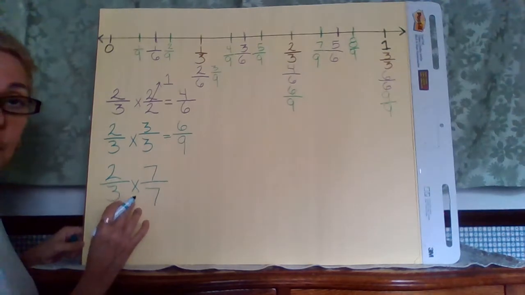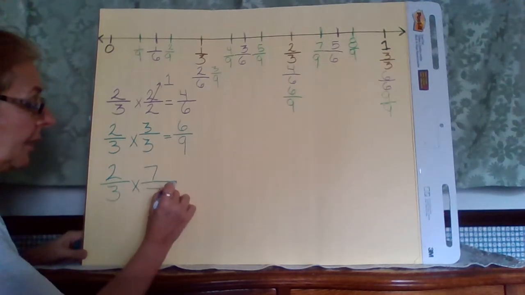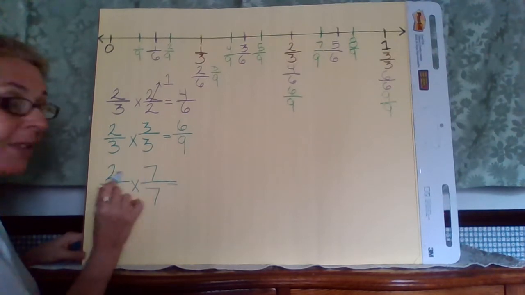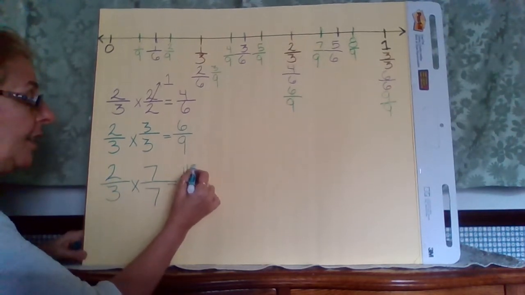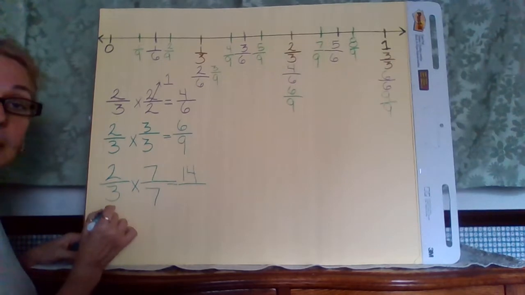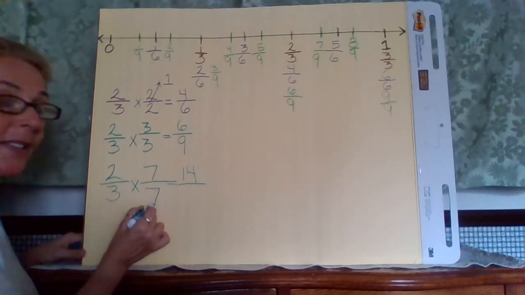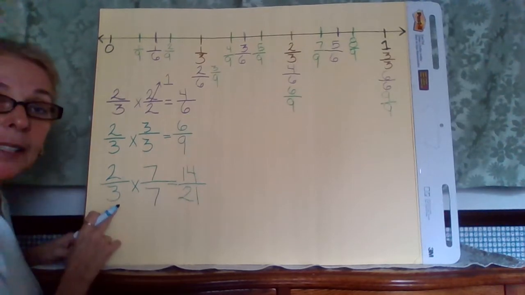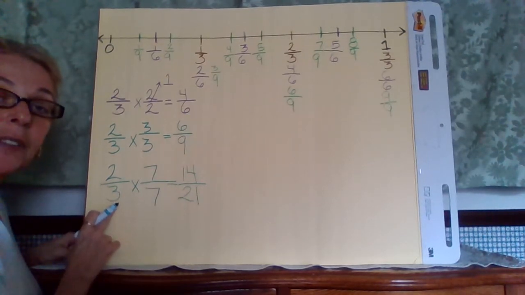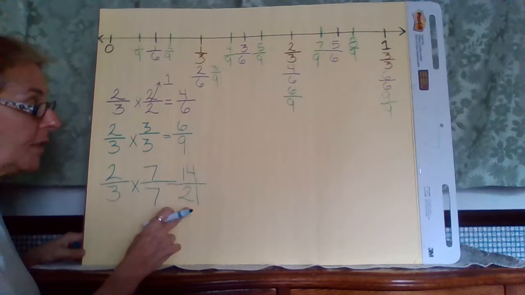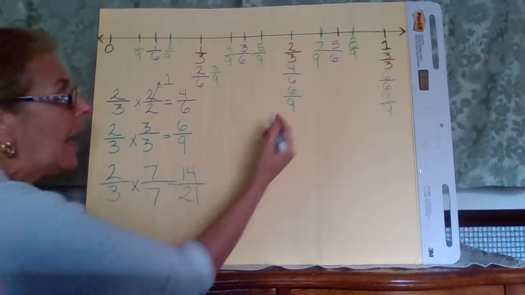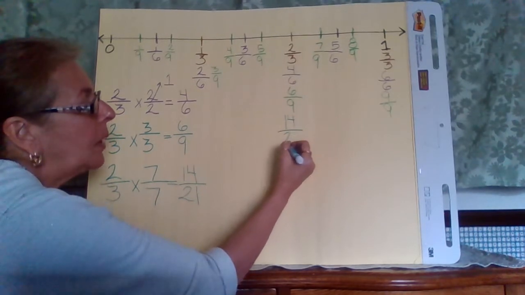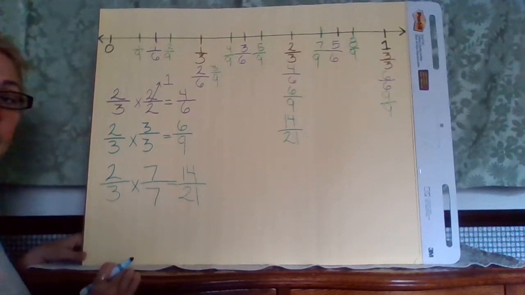So I'm not going to actually do it on my number line, but I'm going to do the calculation. I multiply my numerators. 2 times 7 is 14. I multiply my denominators. 3 times 7 is 21. So that is telling me that another equivalent fraction for 2/3 is 14/21. And I know that is going to be at the same location on my number line.